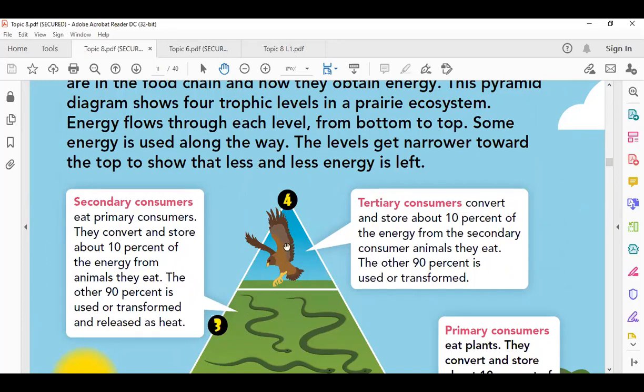Anyway, in this level, animals are seldom eaten by other animals. Okay, animals in this level are called tertiary consumers, and they are seldom eaten by other animals. Sometimes they are called top predators.